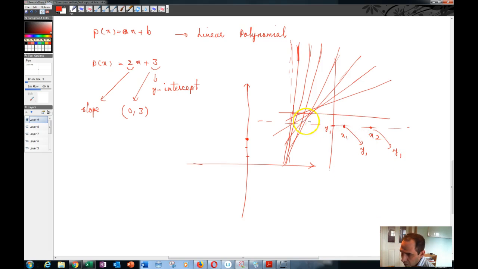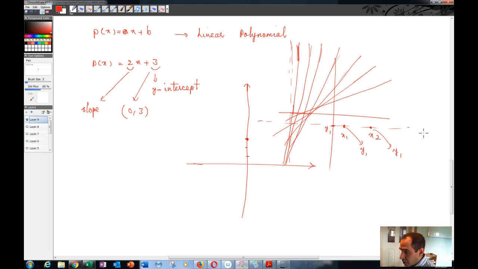That happens because it's a horizontal line, so there is no slope, and so the output is not actually changing. It's just a constant output.